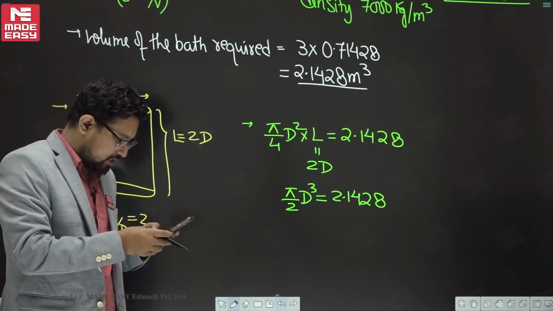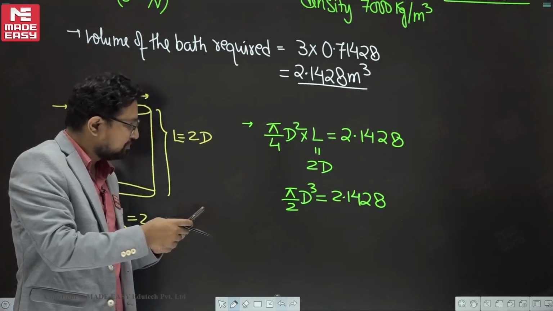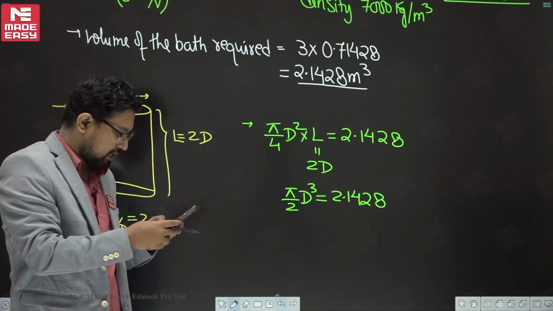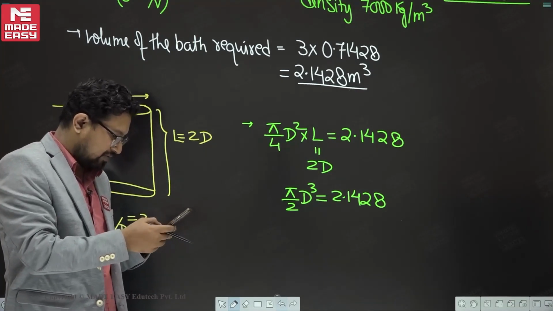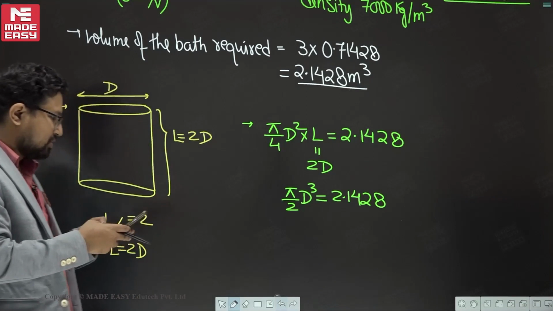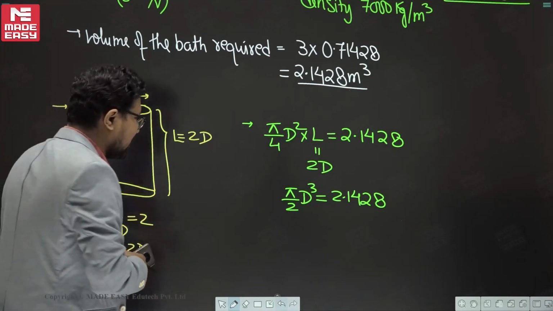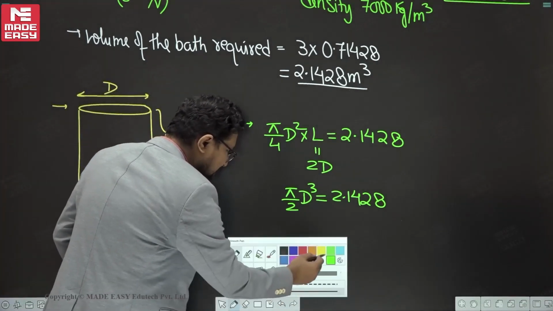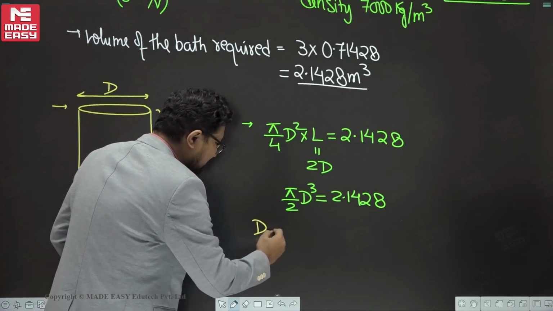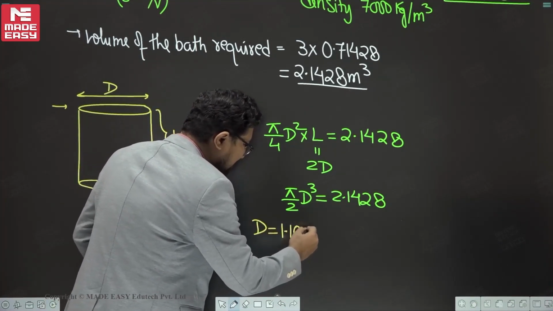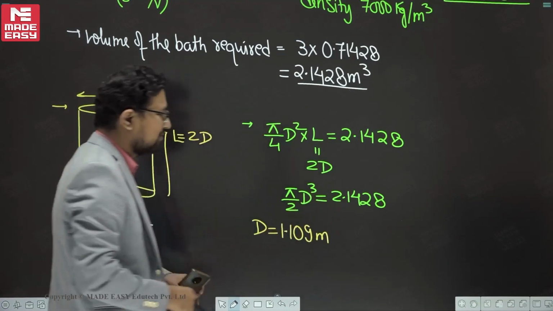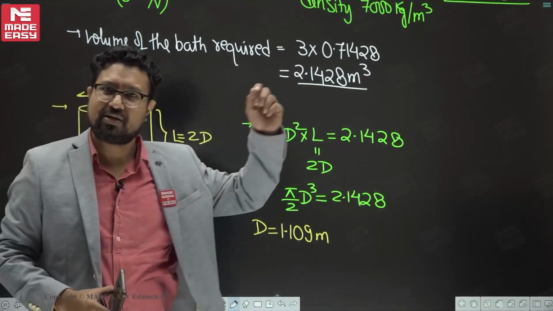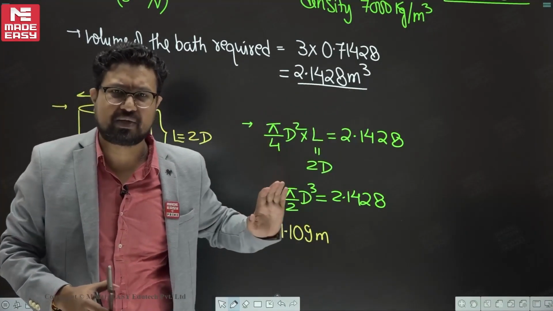So we can find the value of D from here. I will write this value into 2, divided by pi, and the whole to the power of 1 by 3. So D will be equal to 1.109 meters. We have the value in meters because all the units we have solved in SI units.